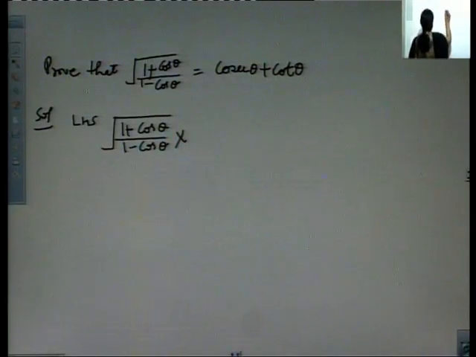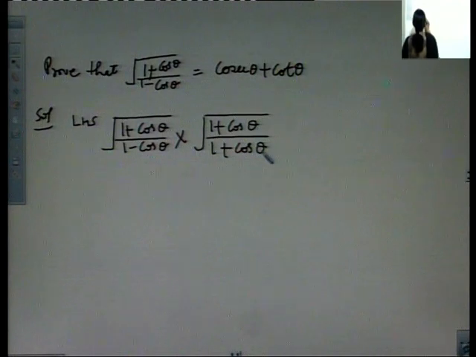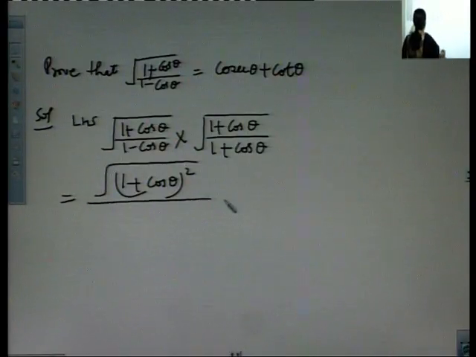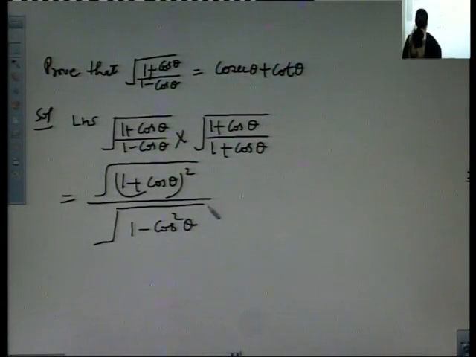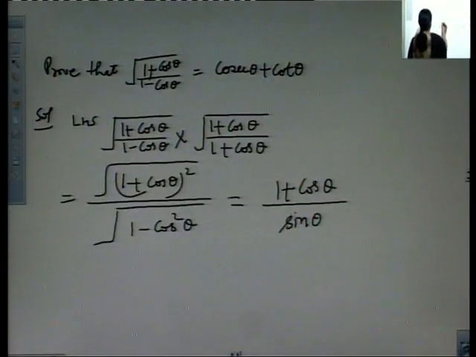We rationalize it, multiplying by 1 plus cos theta upon 1 plus cos theta, which is equal to (1 plus cos theta) whole square under root, and in denominator 1 minus cos square theta under the root, which is equal to 1 plus cos theta, and in denominator sin square theta under root, which is equal to sin theta.